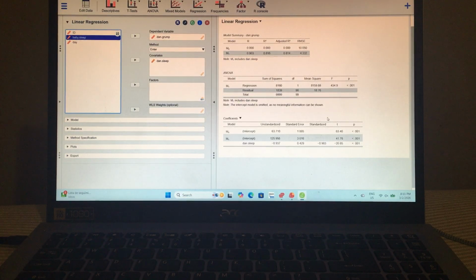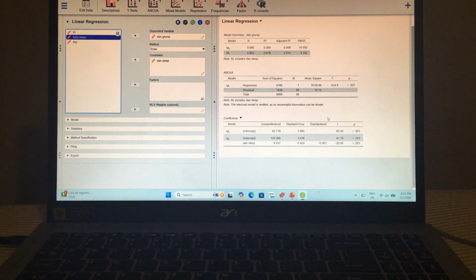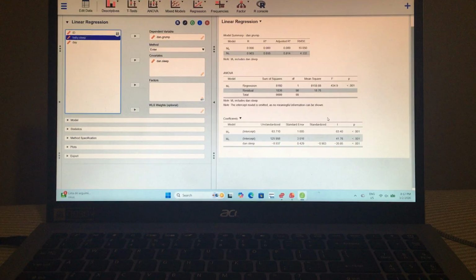So to address these hypotheses, we use the t-test, which is found in the coefficients table in the row for the independent variable. So at the bottom of the table.